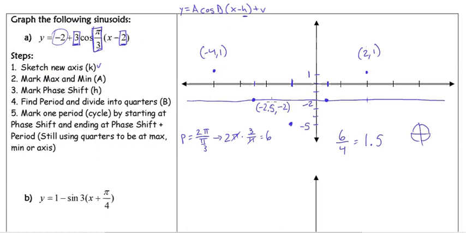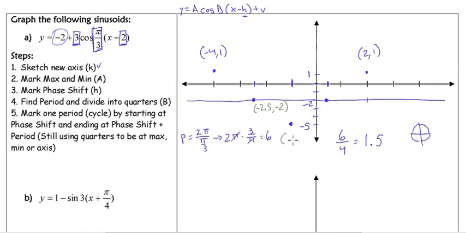Maybe I should do that in a darker green. Maybe you can see it easier. That would be -2.5, comma, -2, the x and y value.